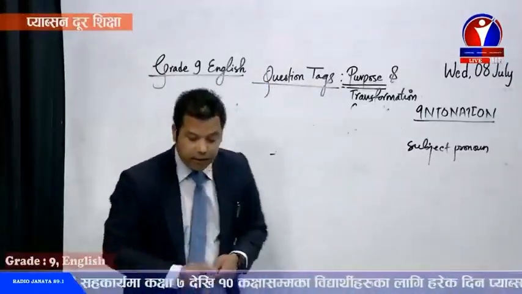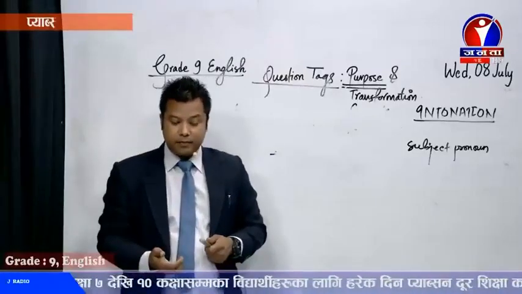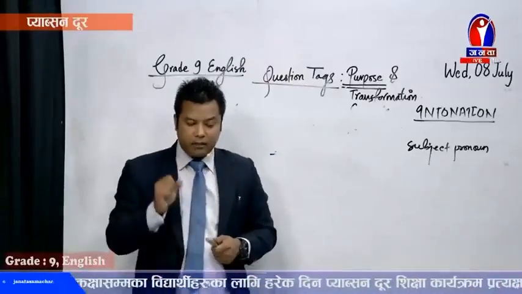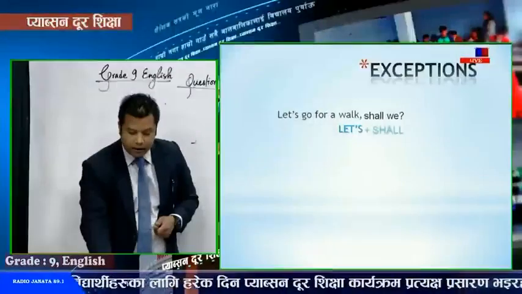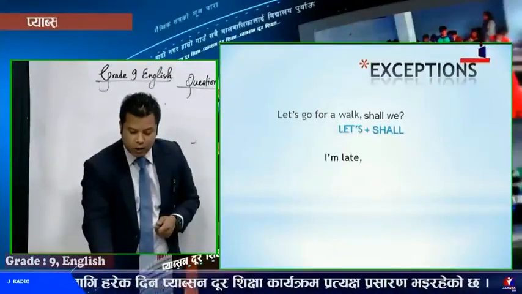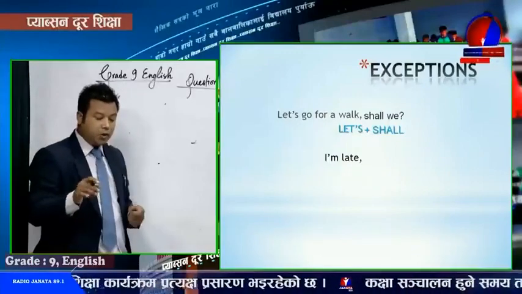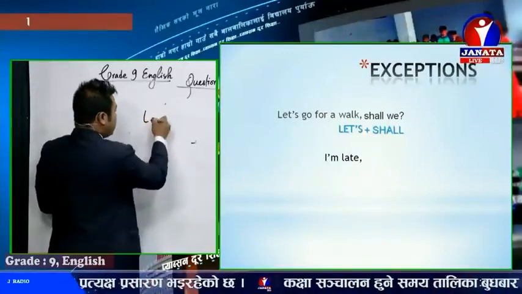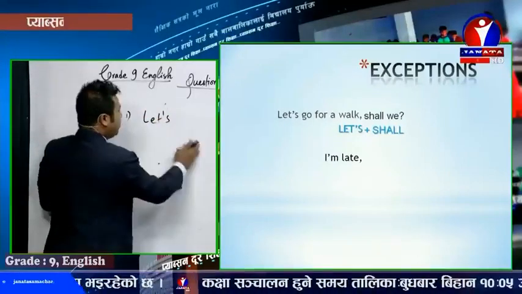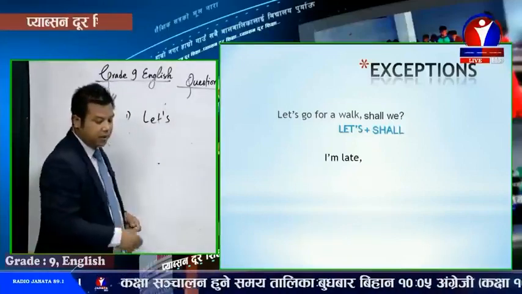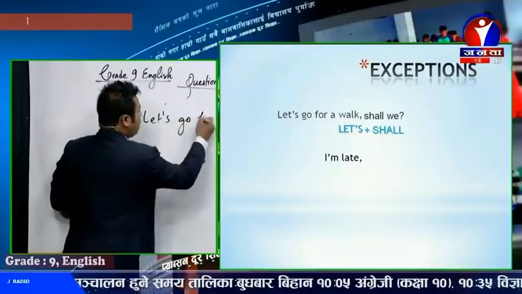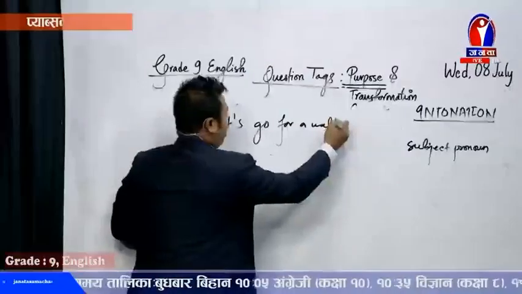All right, let's go for a walk, shall we? Look at the verb let's. With this, I will introduce to you let's plus shall. The exception case I'm trying to teach you here is, see number 1, let's. I'll pick up the same sentence: let's go for a walk.